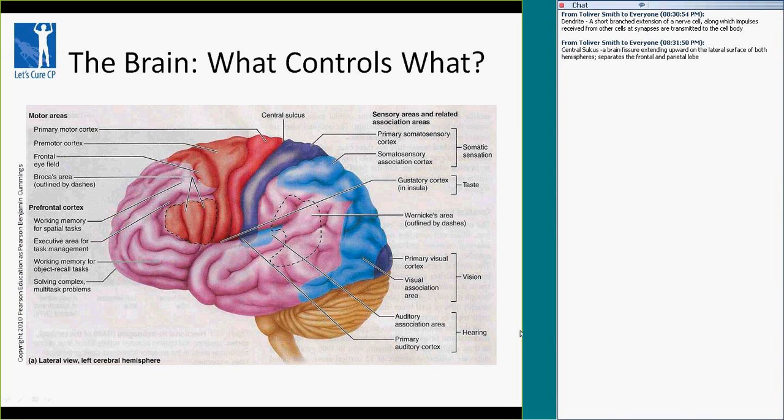There's a certain amount of fine control, spatial organization, essentially determining if you're trying to extend your arm, how far you have to extend your arm. All of that's processed in the premotor cortex. And then down in the bottom right corner of that brain figure, you see the cerebellum. It's not colored, but that's the cerebellum down there. And like I said, that's some fine-tuning control, motor coordination, that sort of thing. Let's go to the next slide, please.